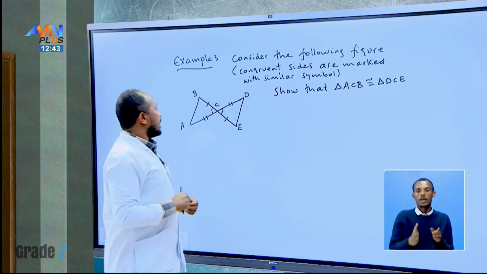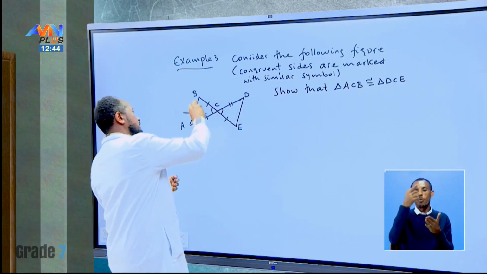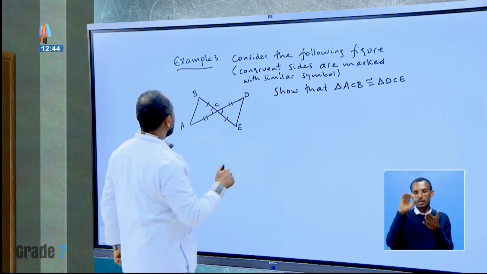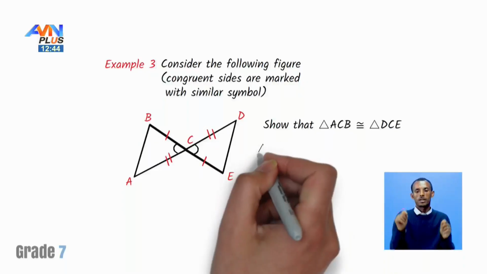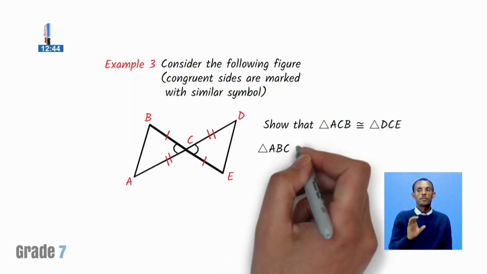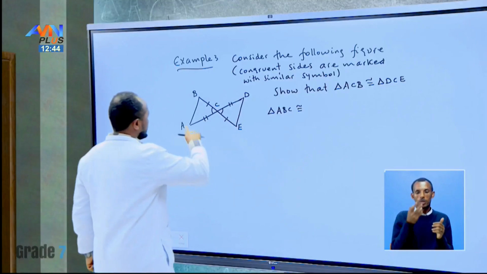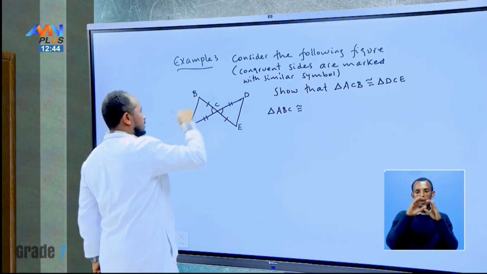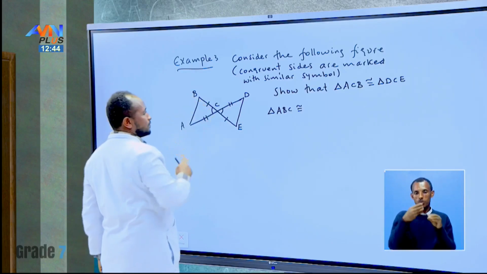Now, in what order does this triangle fit on this one? Let's write that. So here, triangle ABC is congruent to, look, this one. From this part to mark 1, you move in the same order for this triangle.